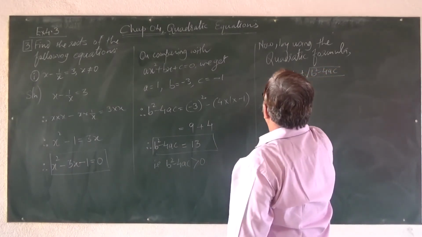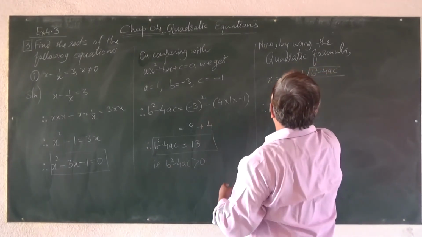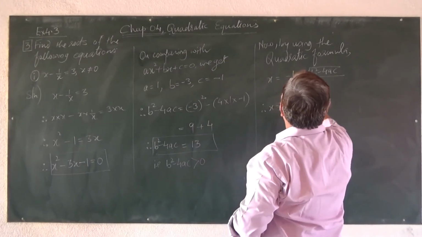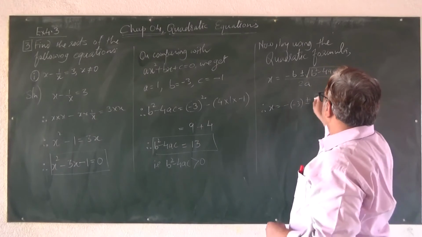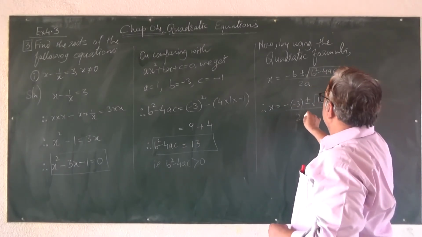So x is equal to minus of minus 3 plus or minus root of b square minus 4ac, which is 13, whole upon 2 into a, that is 1.